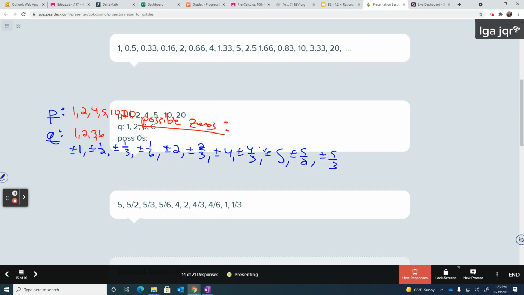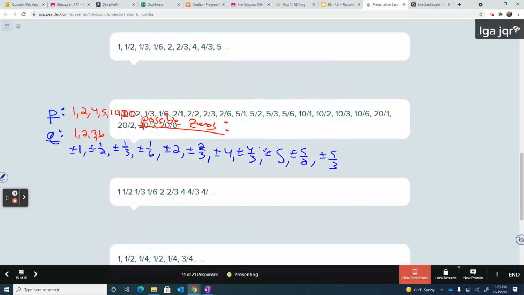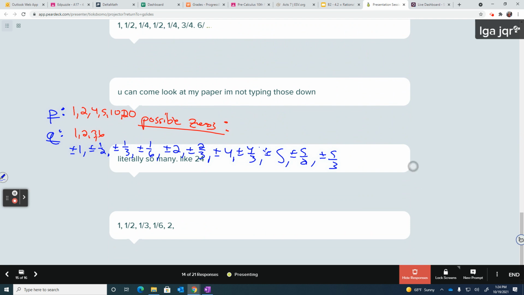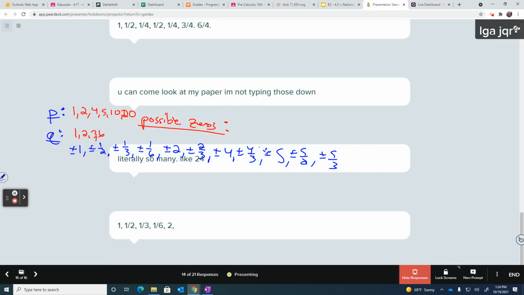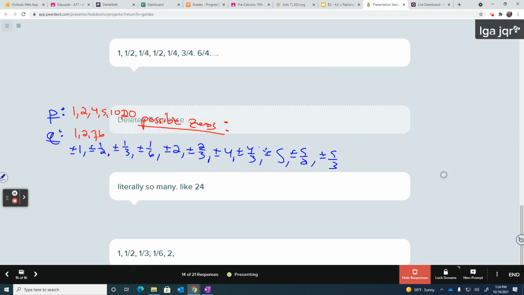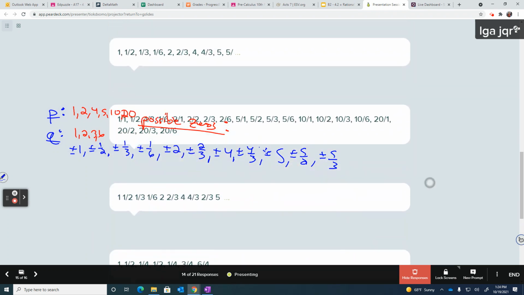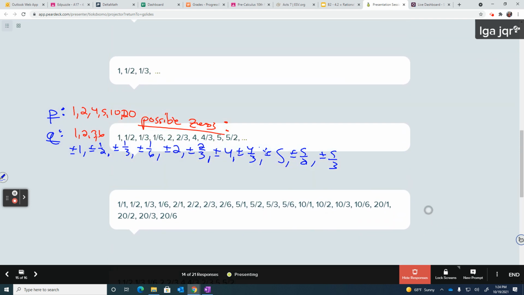Here's another idea. If you don't want to type them all in, count how many solutions. You could just write how many solutions there are.